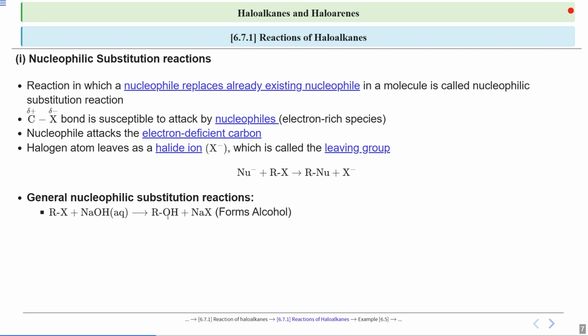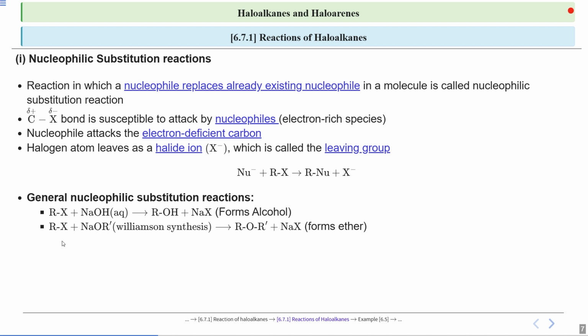This is a nucleophilic substitution reaction shown by the haloalkanes, which have a halogen and an alkane group. It reacts with NaOH, sodium hydroxide, where the hydroxide ion replaces the halide ion, and you get an alcohol plus sodium halide as your side product.